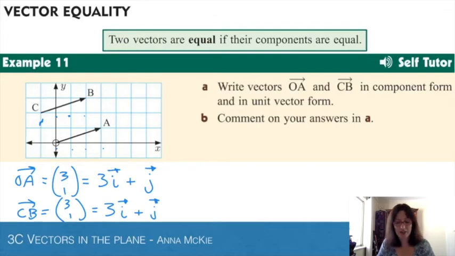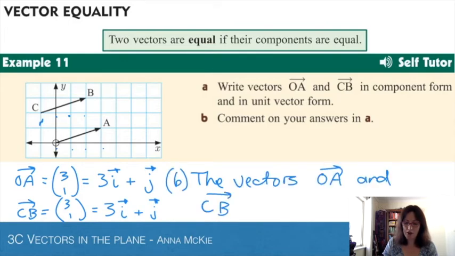Now, what do you notice about your answers in A? So we would say that the vectors OA and CB are equal, because as the definition up here said, they're equal if their components are equal. It doesn't matter that they're in a different position, the vector component is equal.